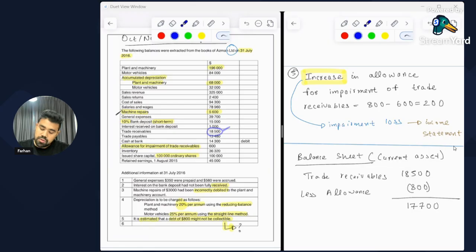Yep. So we start with the original amount and then we subtract the allowance for impairment of trade receivables, the original amount that we have at the end of the current year based on the additional information, which is 800. Okay, so that is what you have to deduct, and whatever you get, which is 17,700, is the net trade receivables. Okay.